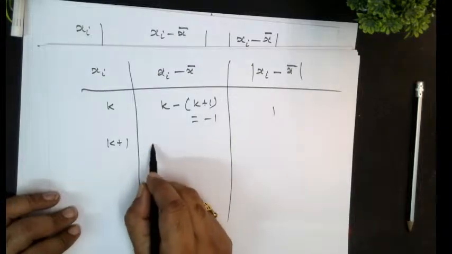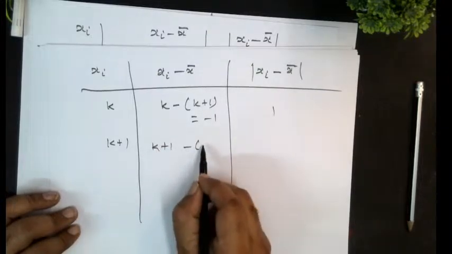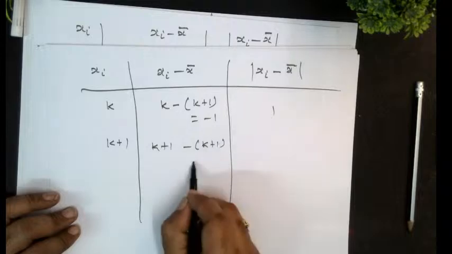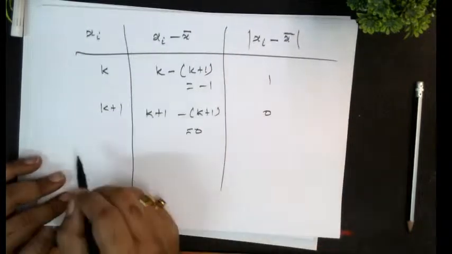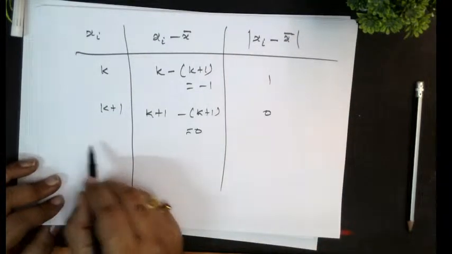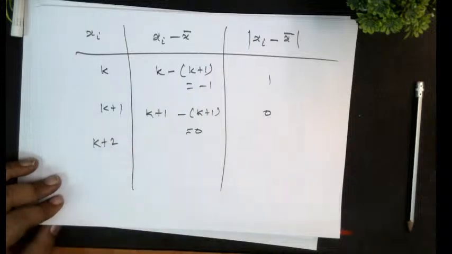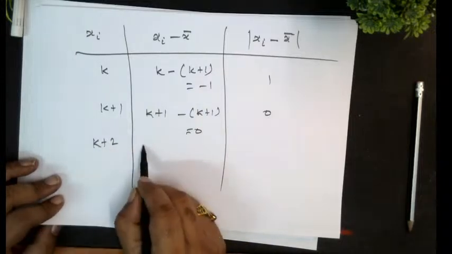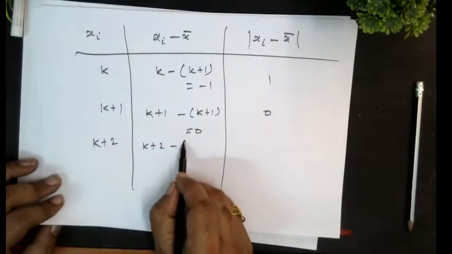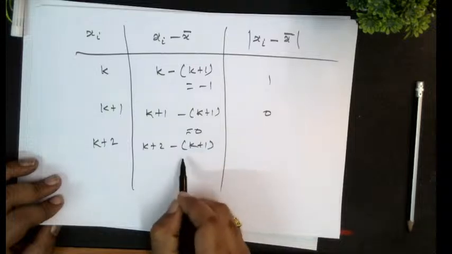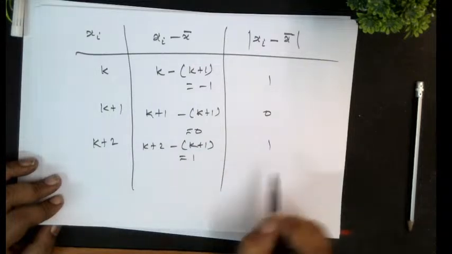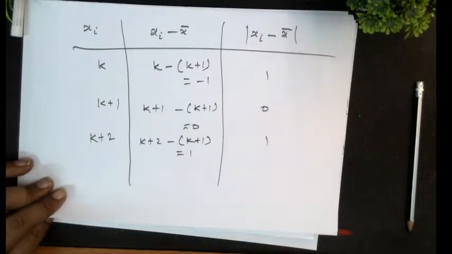What is the value? K plus 1 minus, open the bracket, k plus 1 means 0. So 0, right? Then what about k plus 2? So k plus 2 minus, open the bracket, k plus 1 is equal to plus 1. So here also 1, right?